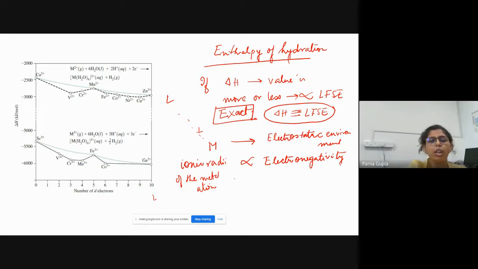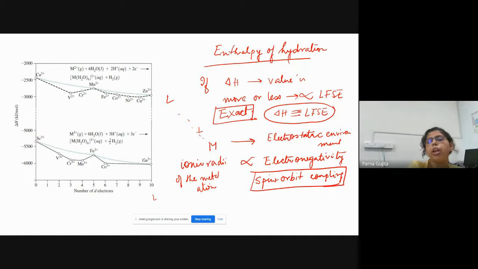Now the other factors, okay. Another factor is the spin orbit coupling, that I shall not explain now because it will take a lot of time. You know this term spin orbit coupling, and if you go from 3d to 4d and 5d, you will see that the spin orbit coupling value increases a lot.